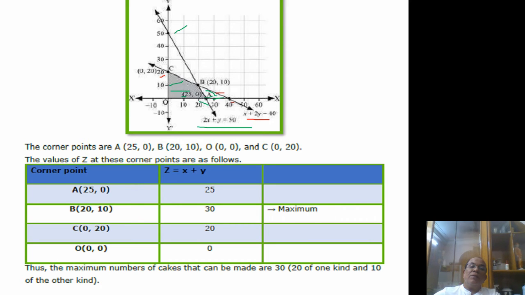Similarly, for the first line, that is 2x plus y equal to 50, the area will be this whole triangle. Suppose this is the point D. I make it with red. OD, and this is the point A. ODA is our feasible region.